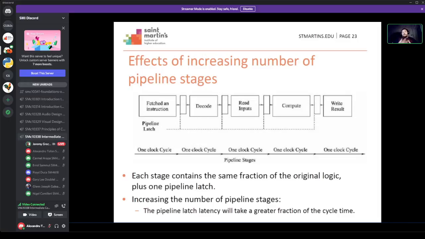However, I now need to hand over to the next stage certain data in order to be able to perform the decode cycle, and so on and so forth. But this handing over of data, or handing over of procedural context, if you will, is something that takes some time, and it's inevitable.